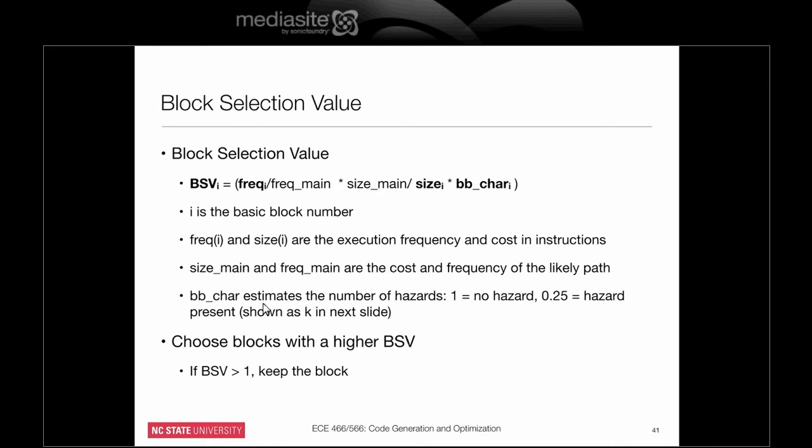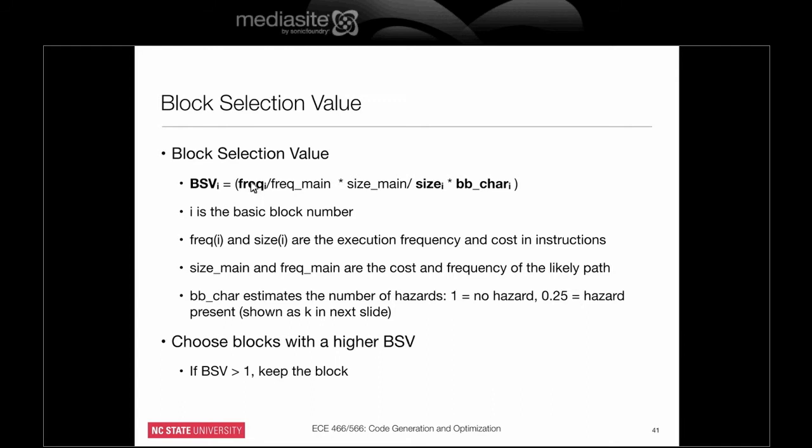Okay, now when we evaluate this equation, what we want is a bigger value. So bigger is better in the final result, and let me explain why. What we want is to add blocks to our hyperblock that execute about as frequently as the rest of the hyperblock, because that means you're getting work that's going to be useful most of the time.